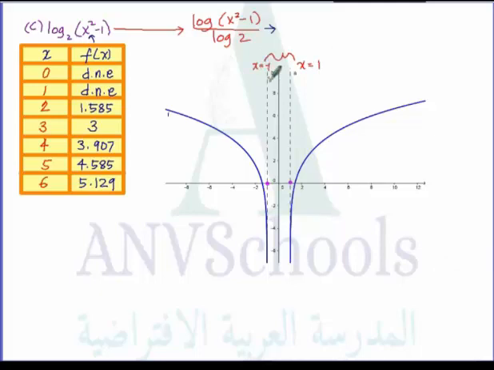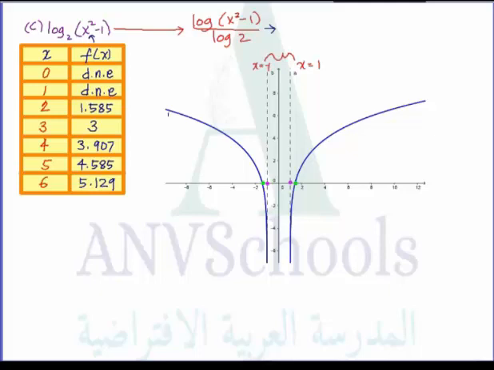We have two asymptotes here. We have x equal to 1 and x equal to -1. Of course, we also have these two x-intercepts. And what are those intercepts? If we want to get our x-intercepts, we set y equal to 0, and then we solve for x.